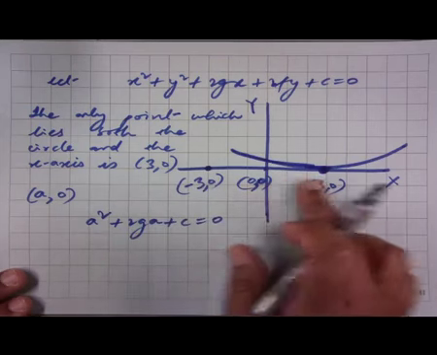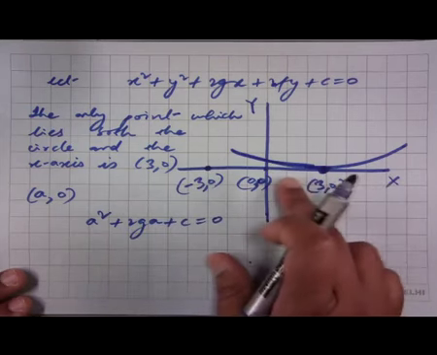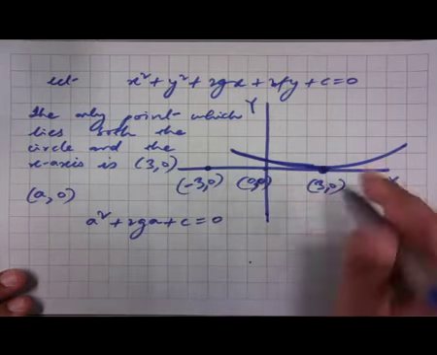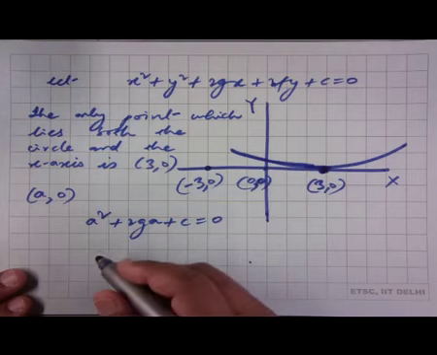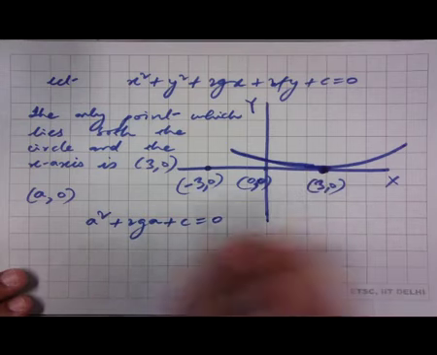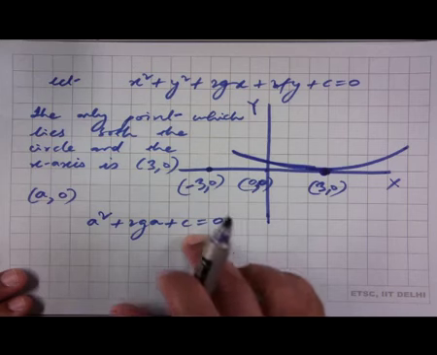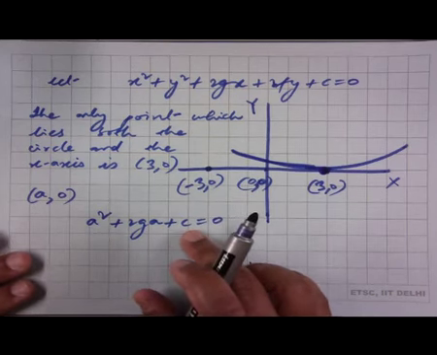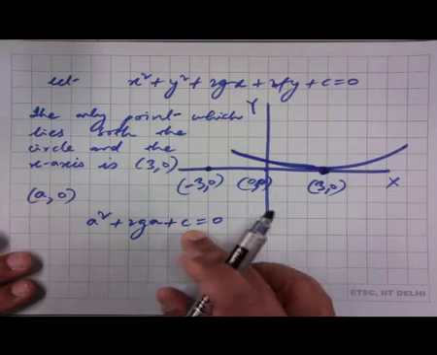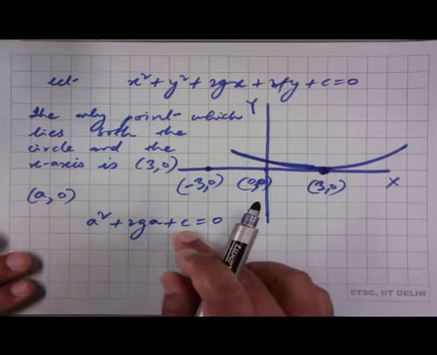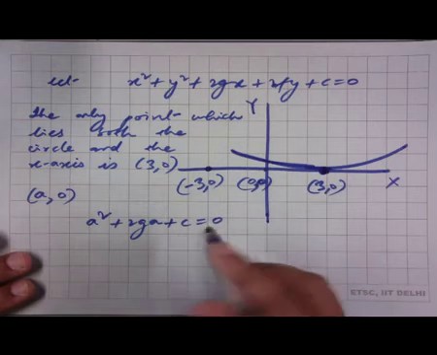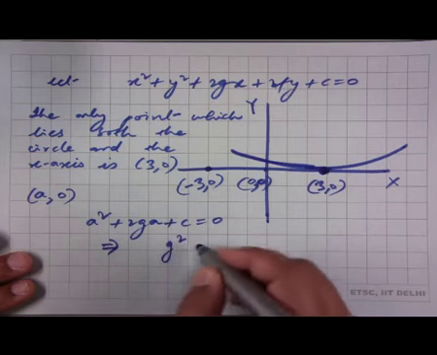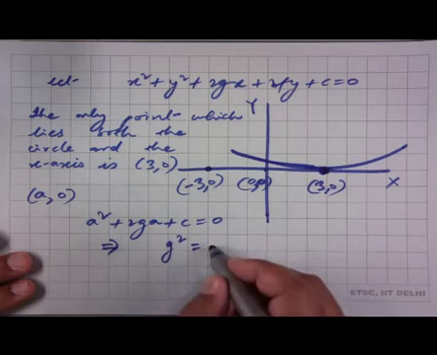But in this problem, since we know that the circle touches the x axis at exactly one point, it is implied that both the roots of this equation must be equal to 3, and that is only possible if the discriminant of this quadratic equation is 0, which implies that g square is equal to c.